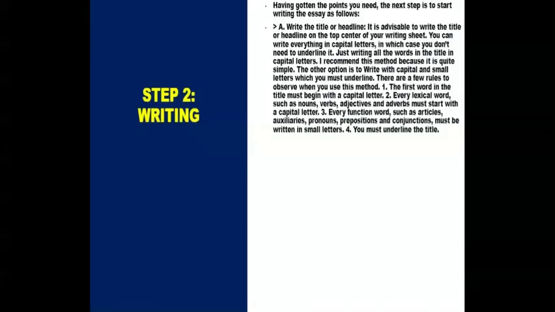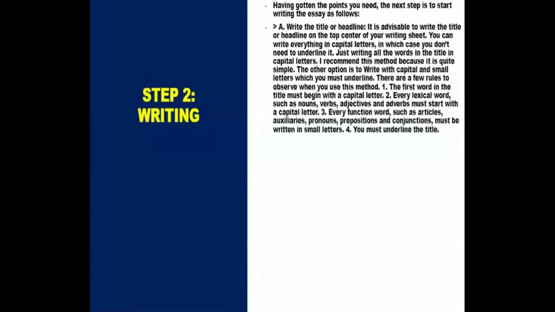The other option is to write with capital and small letters, which you must underline. There are a few rules to observe when you use this method. Number 1, the first word in the title must begin with a capital letter. 2, every lexical word, such as nouns, verbs, adjectives, and adverbs, must start with a capital letter.